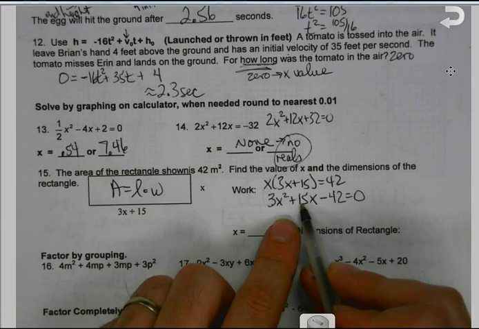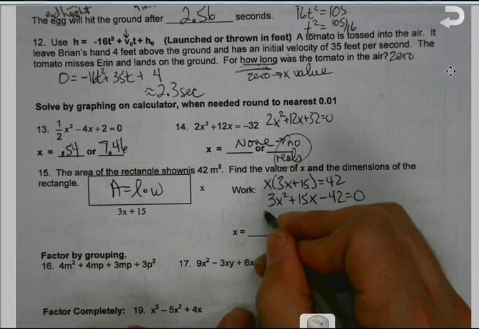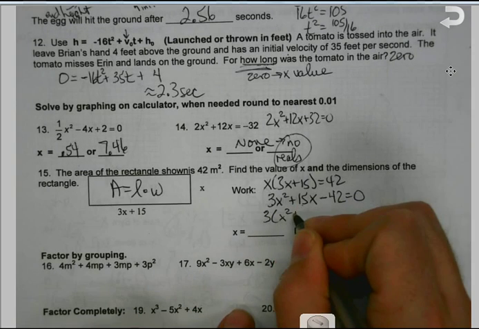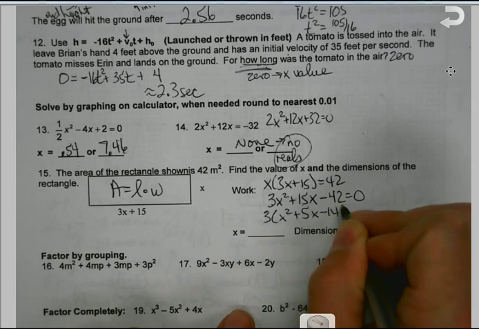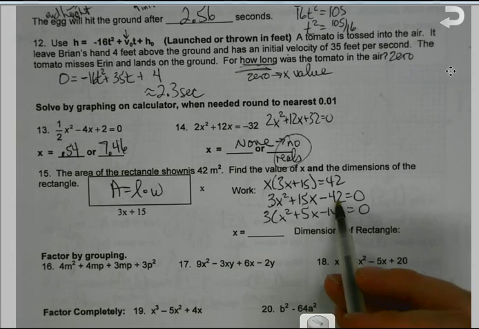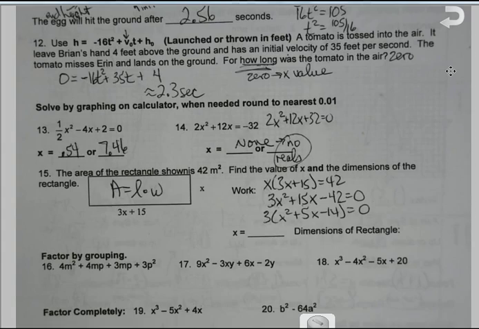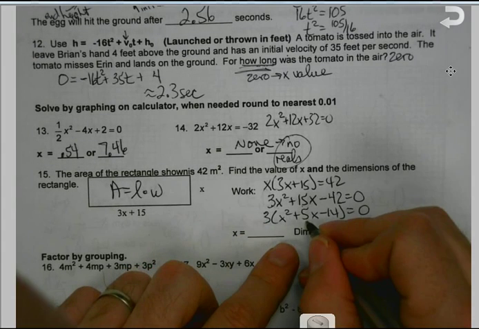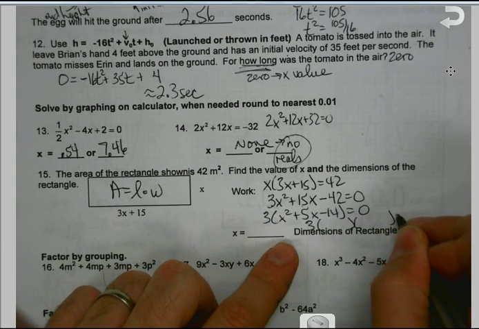The golden rule applies because I can take a 3 out of each of these as a factor. And some of you may type this into the calculator and find the zeros. That's a legitimate way of solving it. But this one looks like it's going to factor easy enough that I'm just going to do it that way.